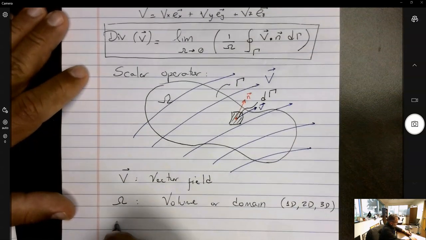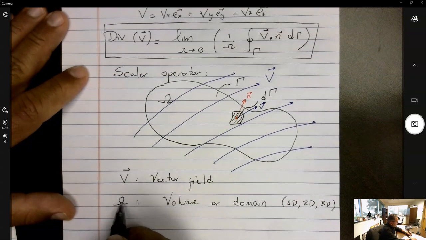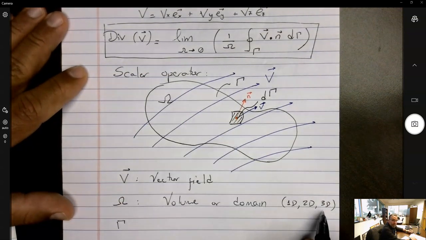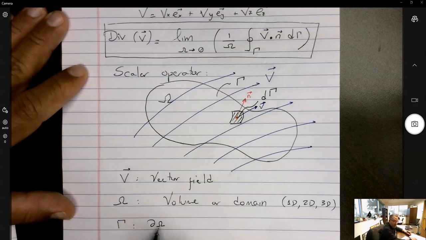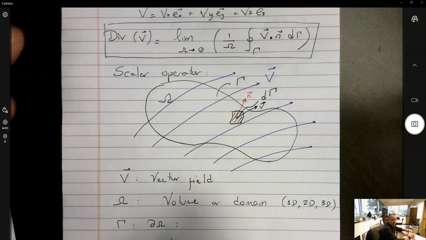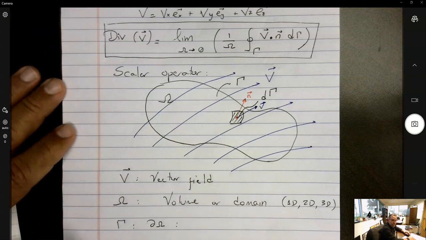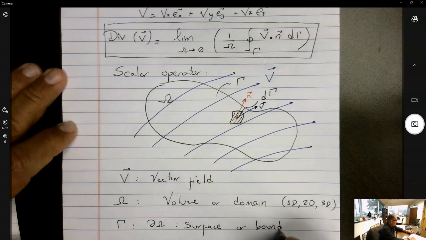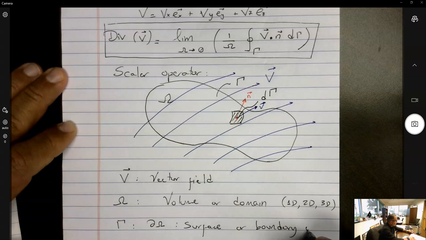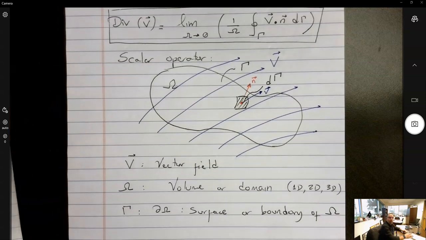Now, if the volume omega is 3D, then the surrounding surface is 2D. So the surface gamma that surrounds a region is called d omega because it's always one dimension lower than the volume itself. Surface or boundary of omega.